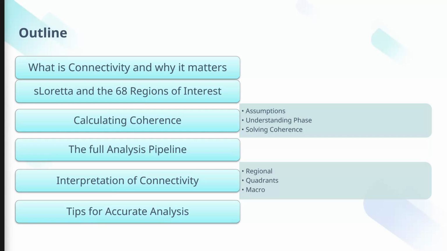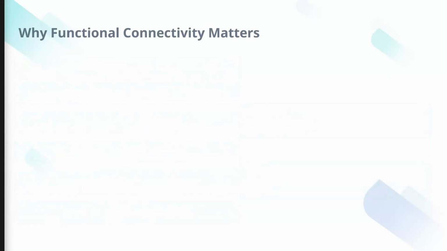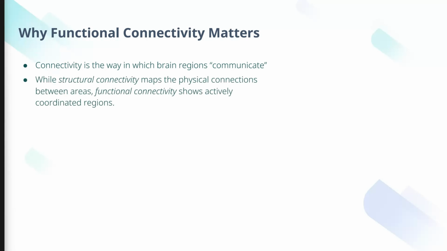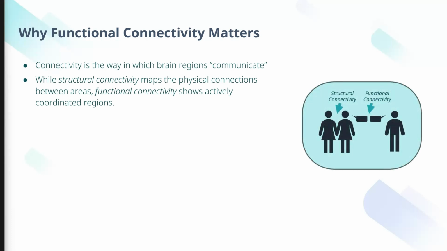So let's get started. Why functional connectivity matters. Connectivity is the way in which brain regions communicate, and there are different types of connectivity. While structural connectivity maps the physical connections between areas, functional connectivity shows actively coordinated regions. For a lot of these, we're going to use the example of people talking, where the people are the different regions of your brain.